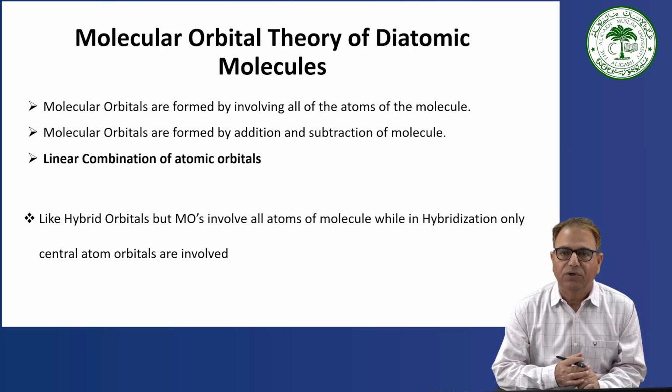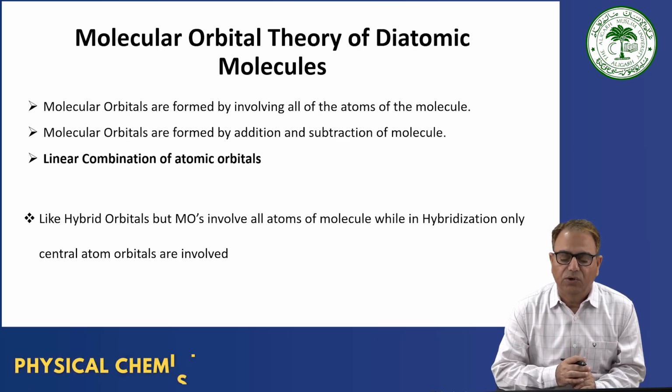Now, how do we go beyond the H2 plus molecule ion? So I thought I should give you some introduction to the qualitative part of diatomic molecules, which you have already done at the undergraduate level. But just to recap, in the molecular orbital theory of diatomic molecules, as we have seen in H2 plus and in other diatomic molecules, the molecular orbitals are found by involving all the wave functions of the atoms involved in the molecule.